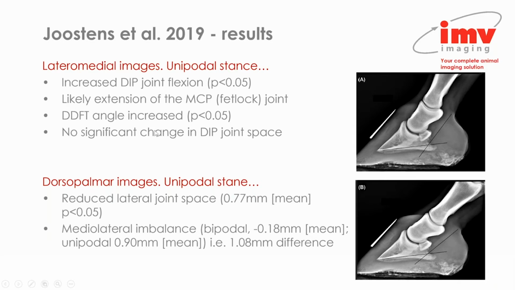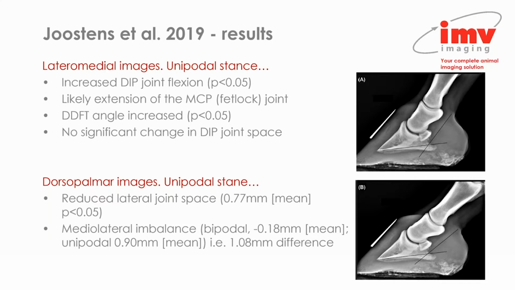There was no significant change in the joint space of the distal interphalangeal joint, and they commented that there was likely extension of the metacarpophalangeal or fetlock joint. However, this was not measured as part of the study.